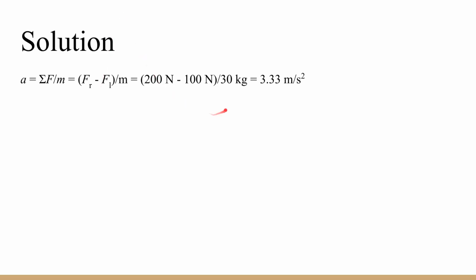So we're going to treat left as negative and right as positive by convention. So F_R, the right force, minus F_L, the left force, divided by m, equals 200 newtons minus 100 newtons divided by 30 kilograms. And that gives us an acceleration of 3.33 meters per second squared.